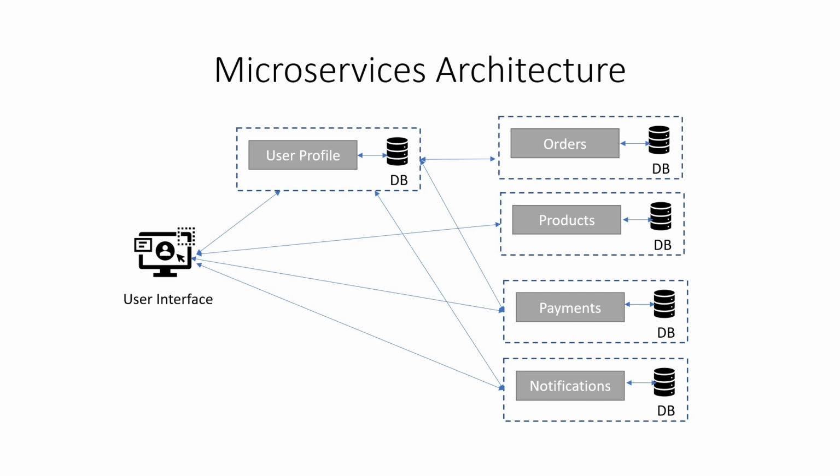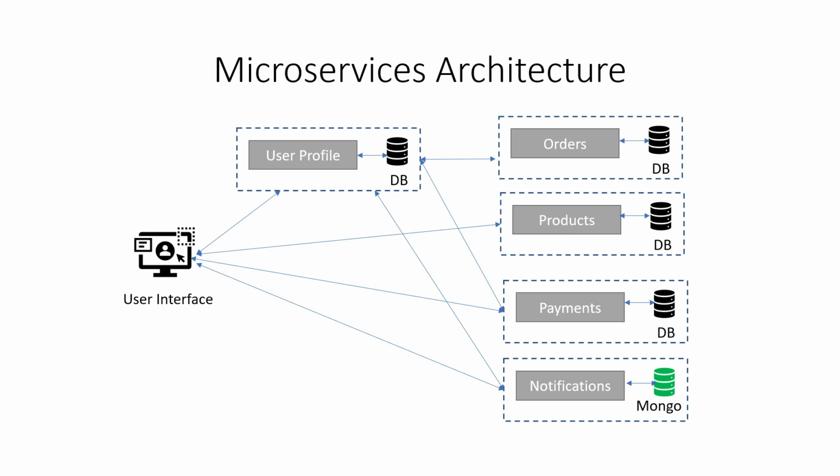Plus, if you want to update the DB, say to improve the performance of DB calls for any particular service, you can do that. In this diagram you can see that for the notifications service, the DB is updated to MongoDB. So this is also possible.